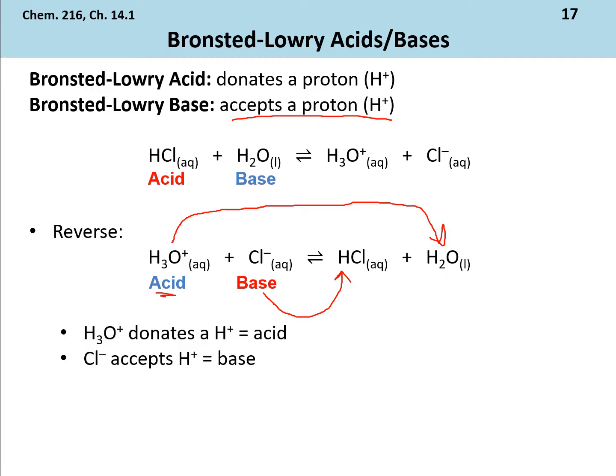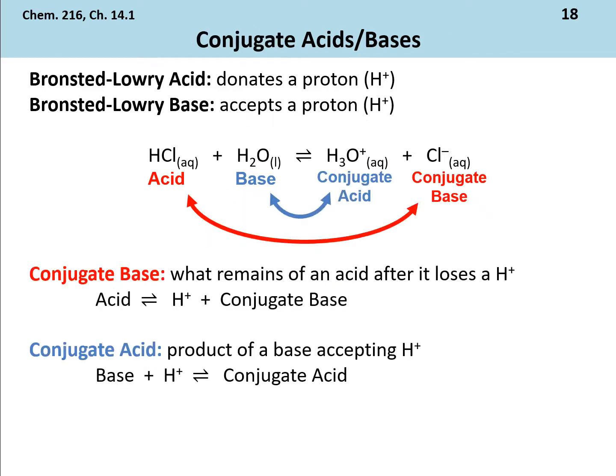Let's look at these two reactions, the forward and the back. Notice how my HCl, which was an acid, produced something that was a base. And my H2O that was a base produced something that's an acid. These two things are linked, and we actually call them conjugates.